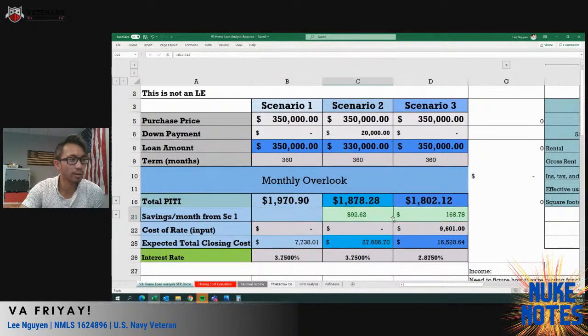All these green numbers are the difference from scenario one. So let's say we bring in another $10,000, getting a little closer, $40,000. It takes about $35,000 to match what it would take to spend only about $10,000 to bring the payment down to about the same.